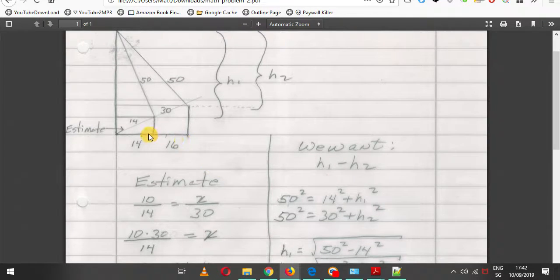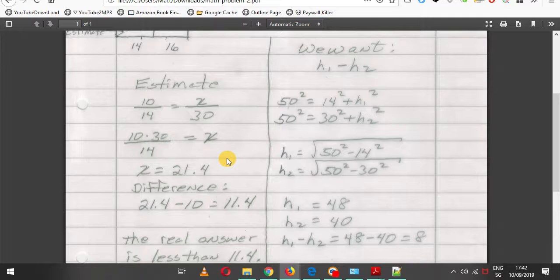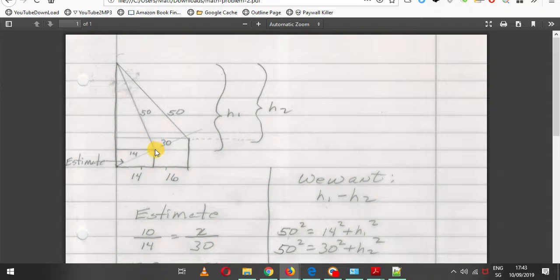Well, if the pole is 10 feet for a 14-foot wide street, then you can do a ratio. Then for 30 feet, it would be a height of x. And we can easily calculate x. X is 21.4 feet. And we want the difference in height between this pole and this pole, right?